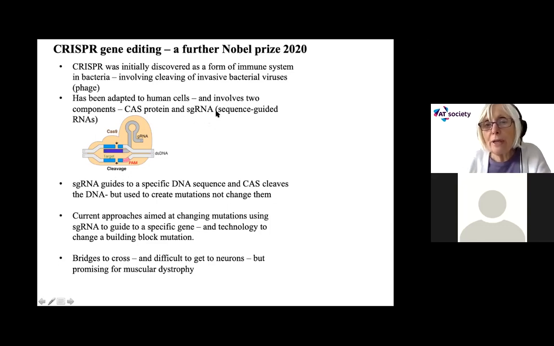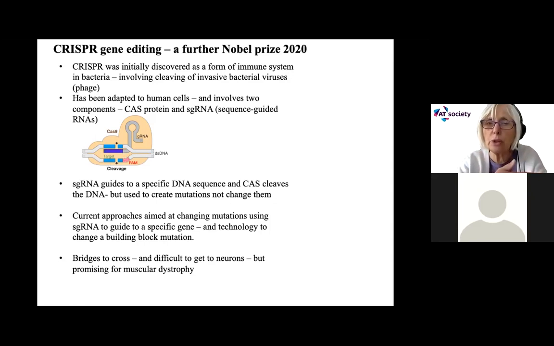But where it introduces them is guided by something called sequence-guided RNAs. For any region of your DNA, it can make one of those little, almost oligonucleotides, to guide it to go and bind. This little sequence will recognize the sequence in your DNA.